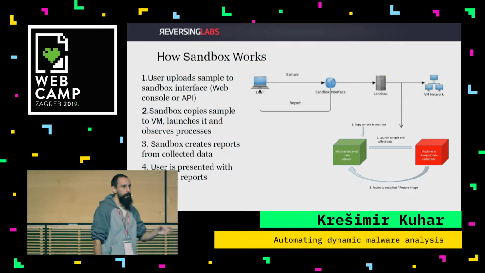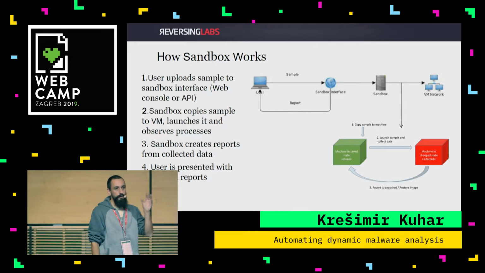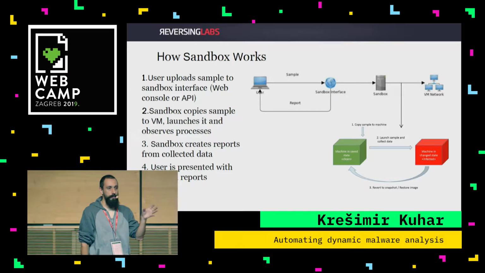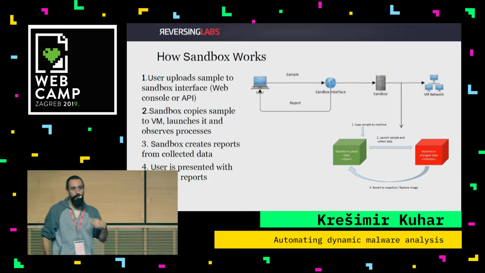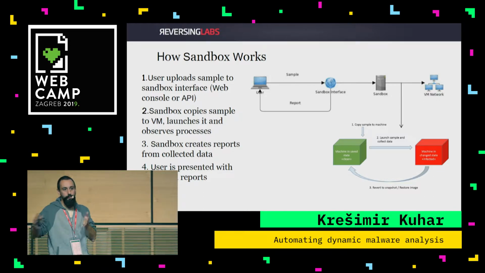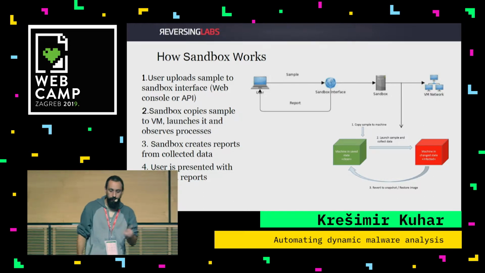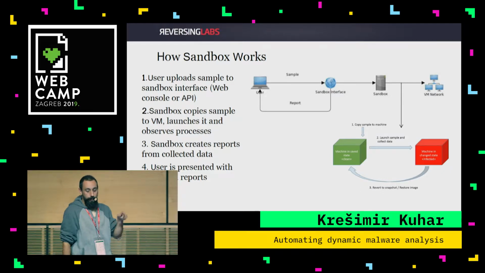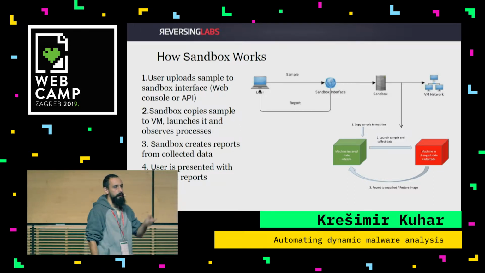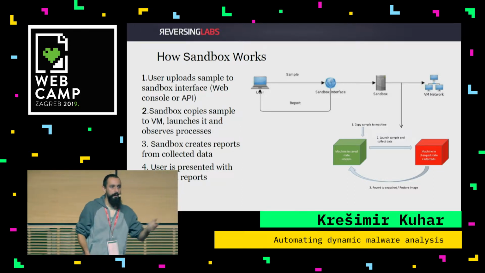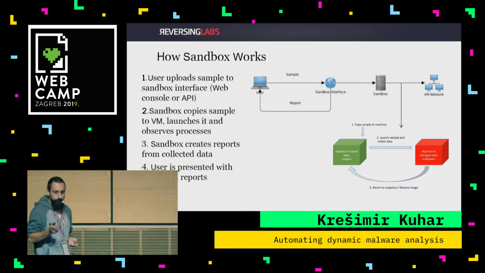So what we are doing is using snapshots. When you configure the first clean snapshot, that snapshot will be used every time. After the analysis, the snapshot is reverted, so you get the same environment every time. When the analysis is done, the sandbox takes the metadata that was gathered in the analysis and creates the reports. These reports can be in JSON, XML, HTML, or PDF for human readability.